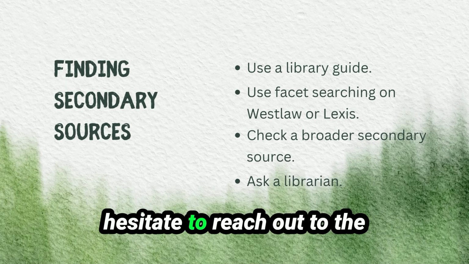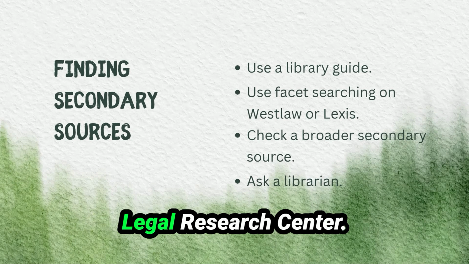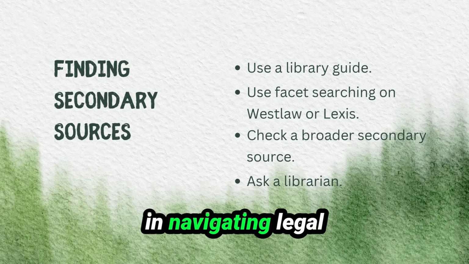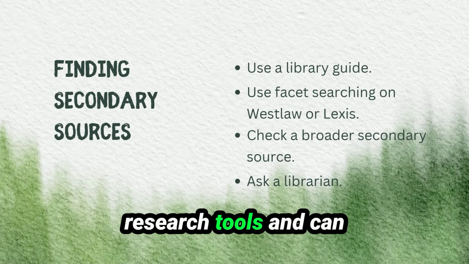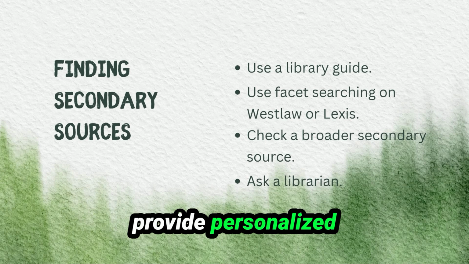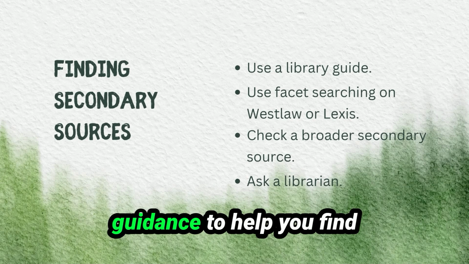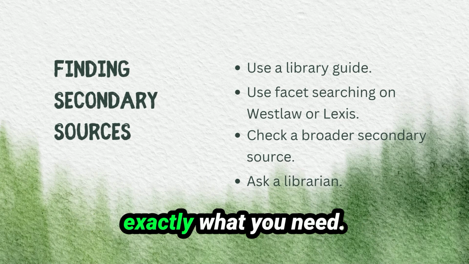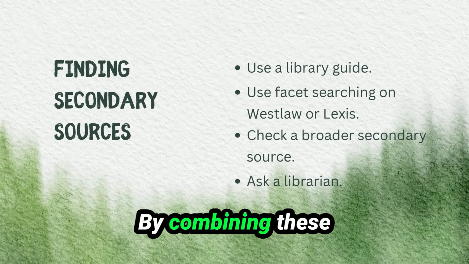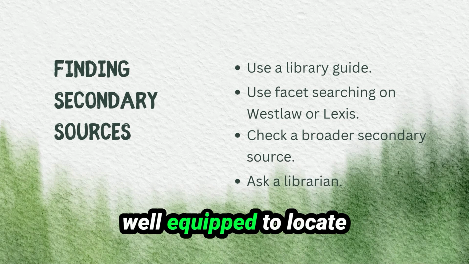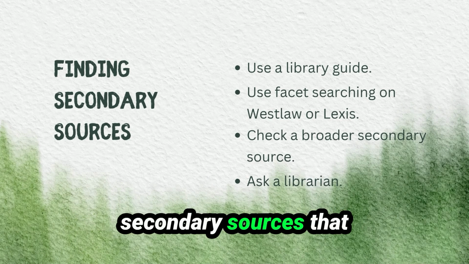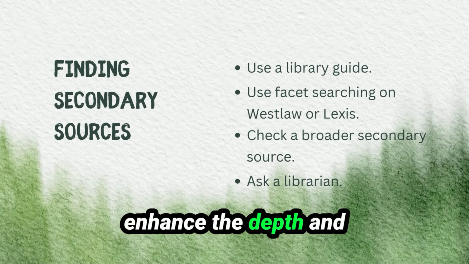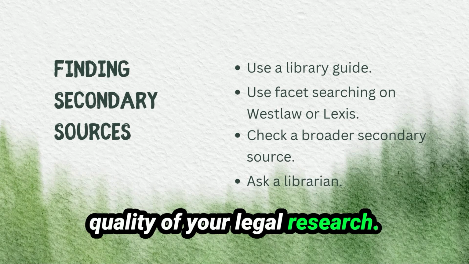Don't hesitate to reach out to the Legal Research Center. Librarians are experts in navigating legal research tools and can provide personalized recommendations or guidance to help you find exactly what you need. By combining these approaches, you'll be well equipped to locate secondary sources that enhance the depth and quality of your legal research.